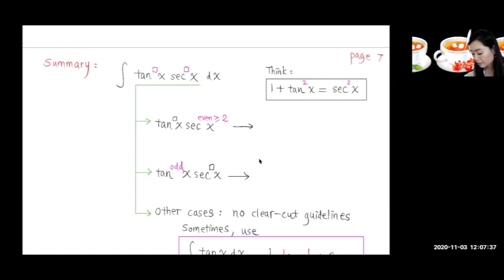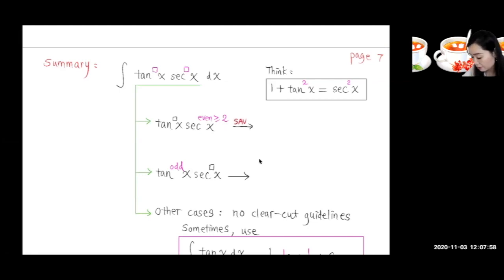x, there are two cases that we know how to deal with. One of the cases is when the exponent on secant is even and greater or equal to 2. The other one is when the exponent on tangent is odd. When the secant exponent is even and at least 2, we do the save method. What do we save?